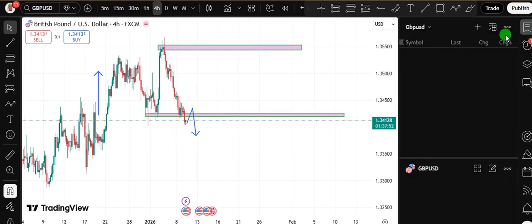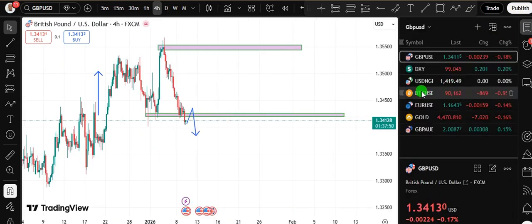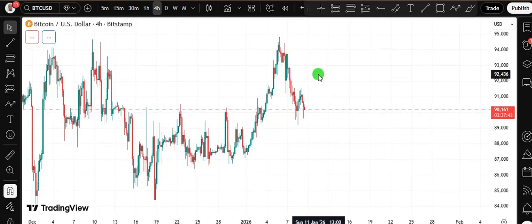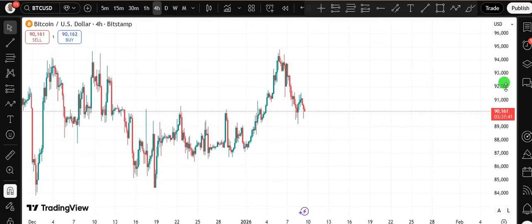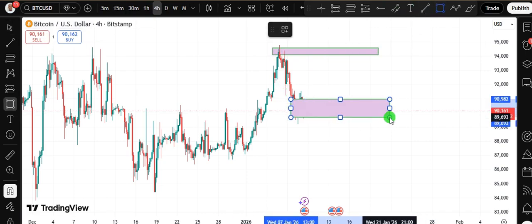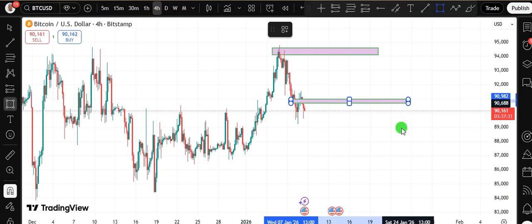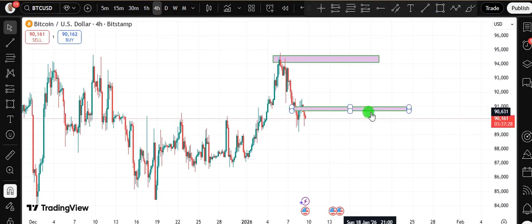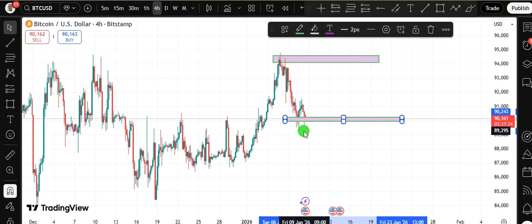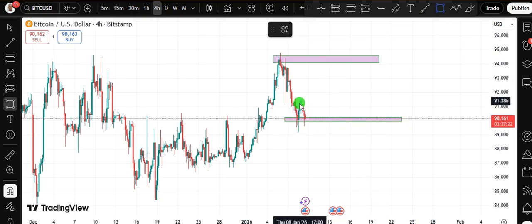Going to the next one, which is the BTCUSD. This is the chart of BTCUSD. Remember there is a minor internal structure around this level.